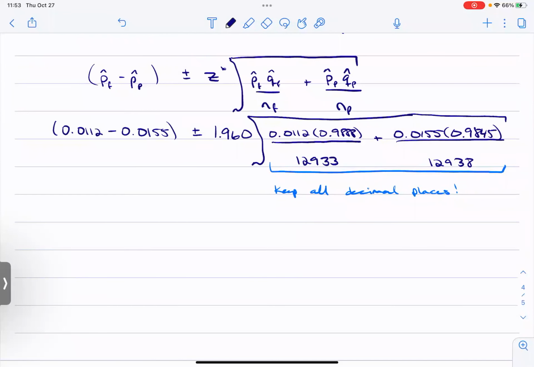All right, so that might be a nice way to clean things up. Negative 0.0043 plus minus 1.960.